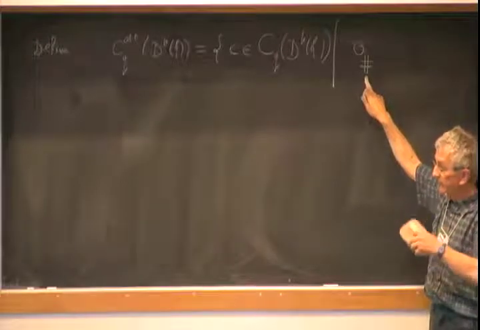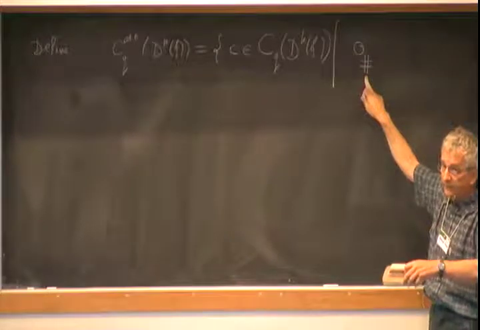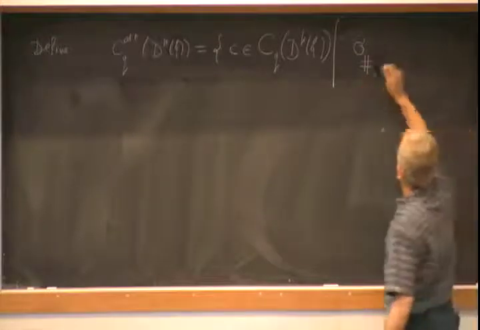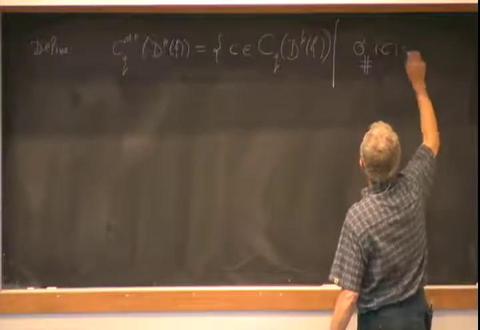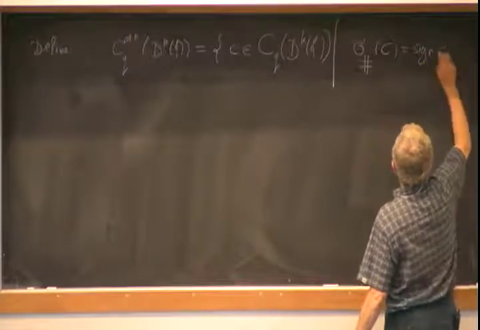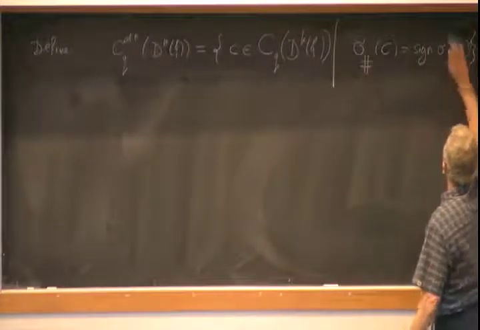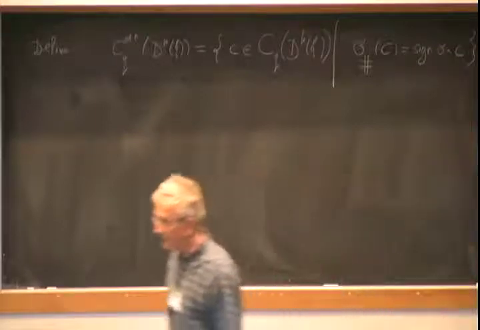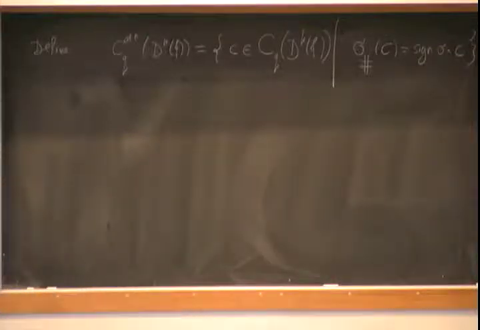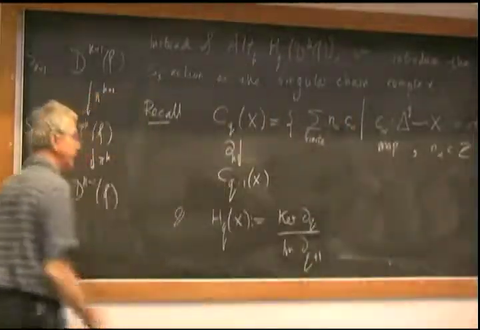I use lower sharp for chains and lower star for homology classes. So I want sigma lower sharp of C to be the sign of sigma times C. So it just multiplies the chain by plus or minus 1.